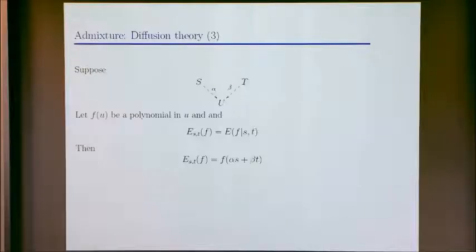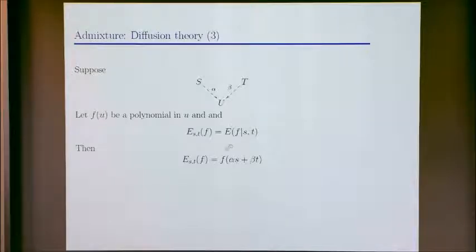Right. Okay. So in our admixture graphs, we also have these admixture edges, and I'd like to know how to lift that. And this is completely trivial. What I'm doing here is I've got a polynomial in little u, and I'm interested in lifting that back to polynomials in little s, little t.